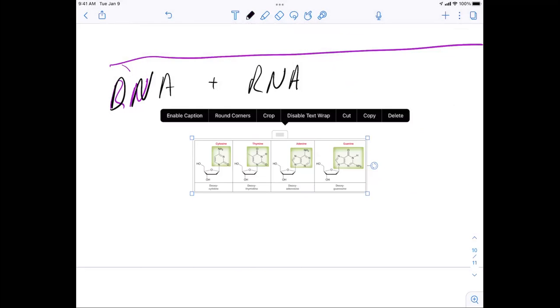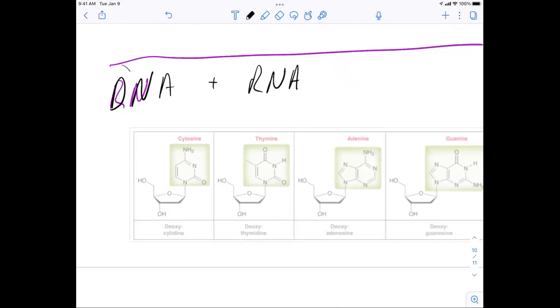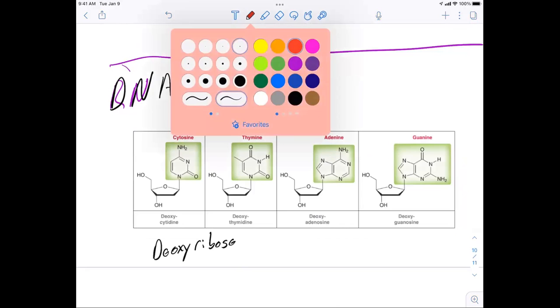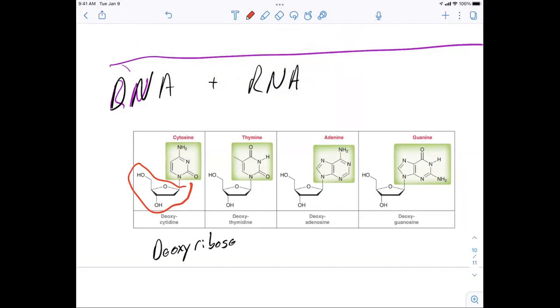Again, these are in your book. But the important part for DNA is this deoxy. So if we look at the base structure, right, we've got a nucleotide that's attached to this deoxyribose, right?